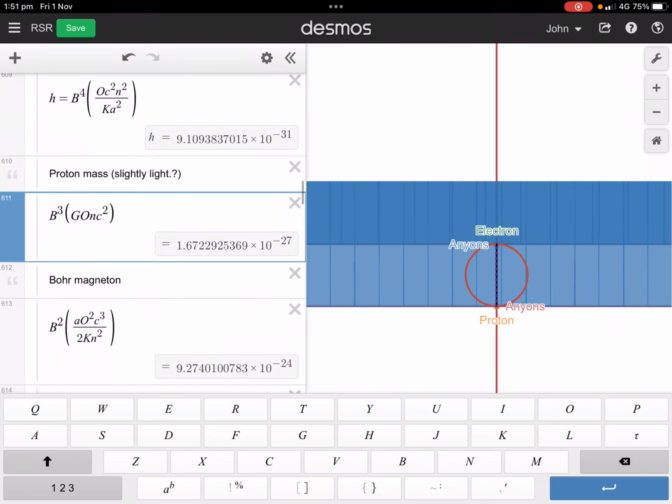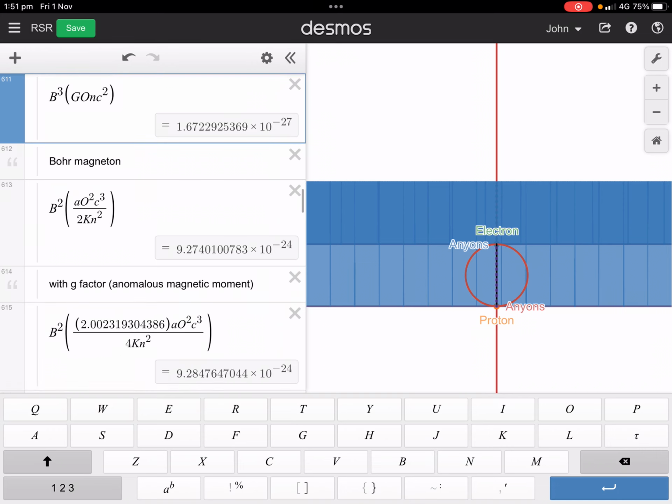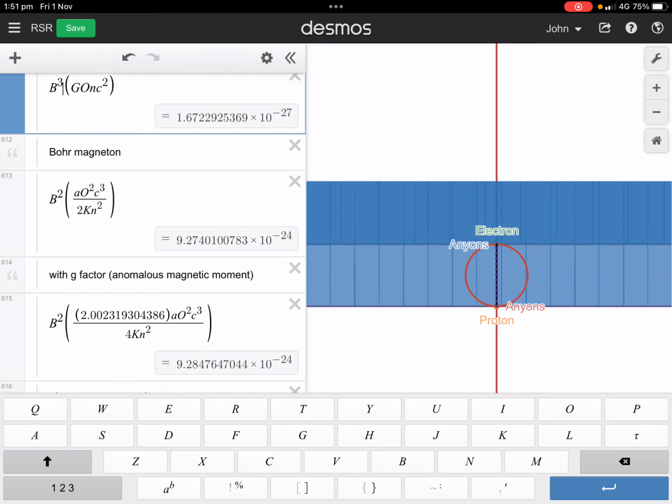And this is confusing, I don't know, but if I try to calculate a proton mass for the hydrogen atom, it's slightly light, but if that was right, it would be b cubed. And the Bohr magneton is b squared as well, once you separate out your units.